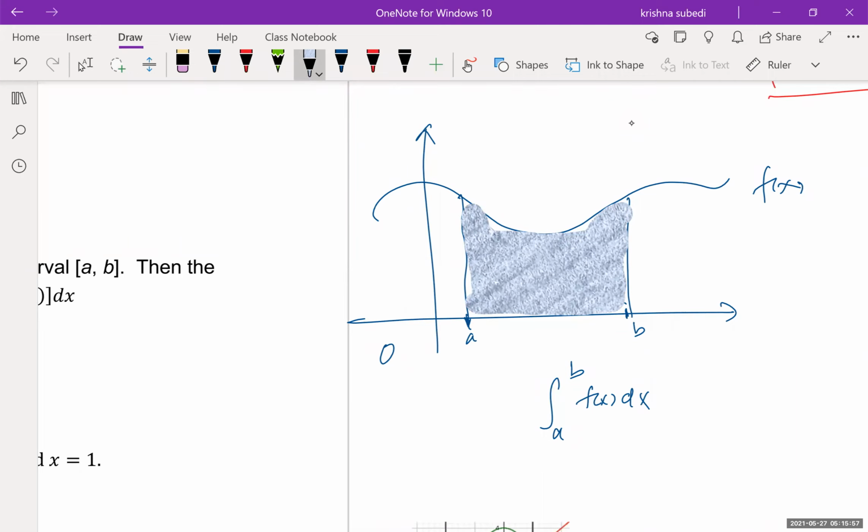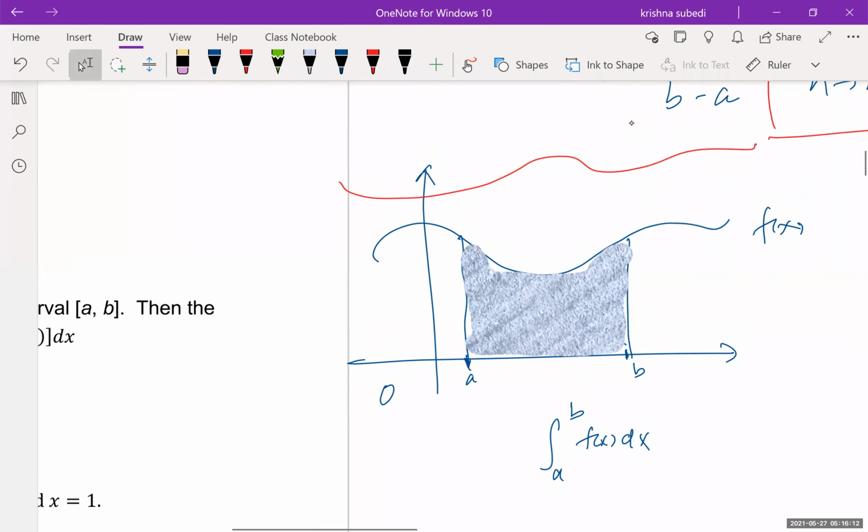Okay. Now, let's say I have another function, this, and this function is, let's say, g of x.